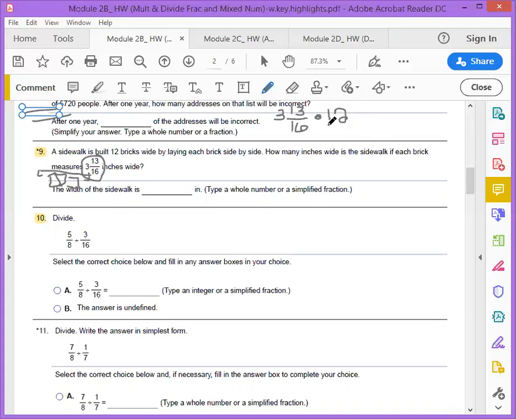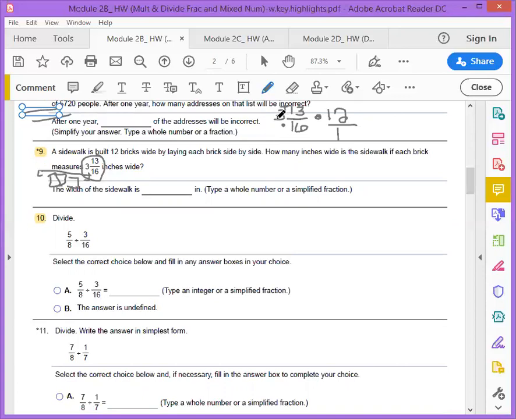Now 12 can be written in fraction form by simply placing it over 1. So draw your fraction bar and put 1 in the denominator. That's how you make any whole number a fraction. Now we're going to convert our mixed number to an improper fraction before we multiply.